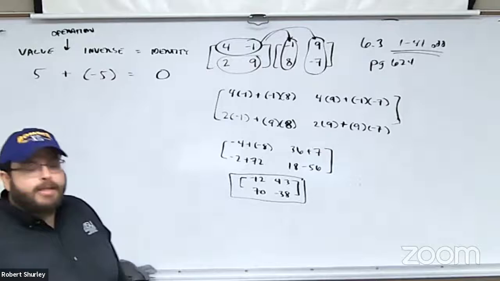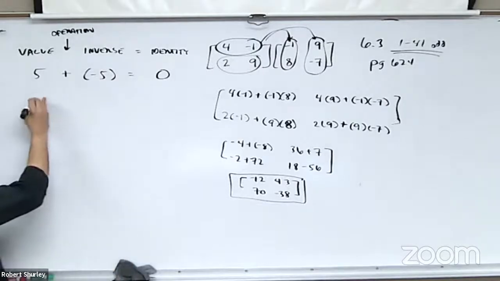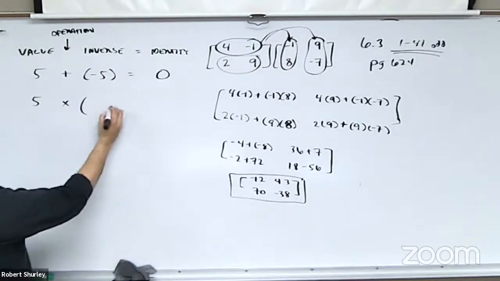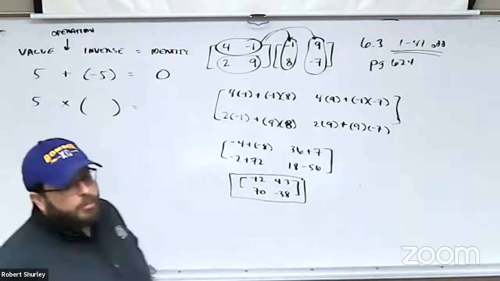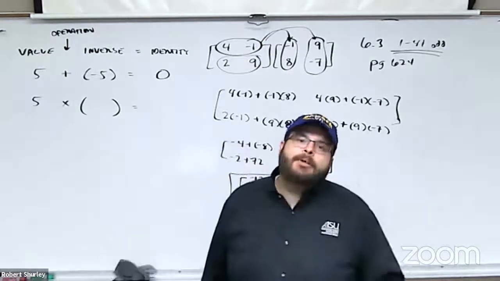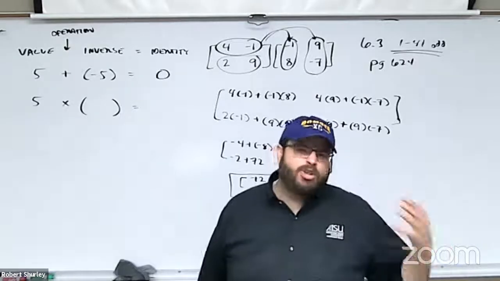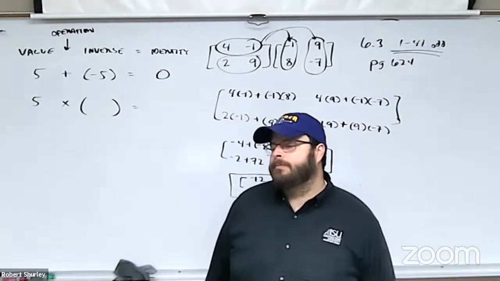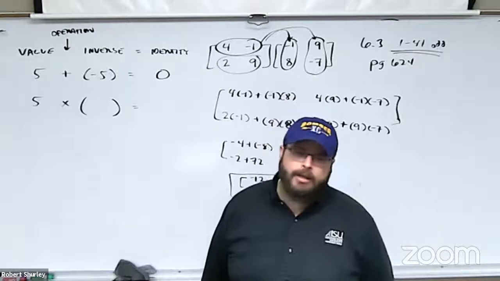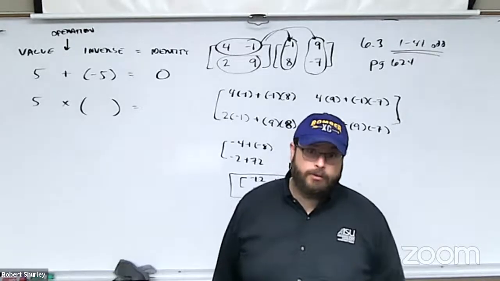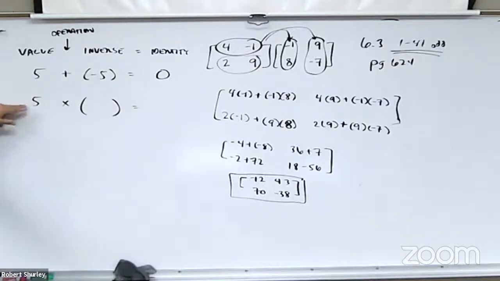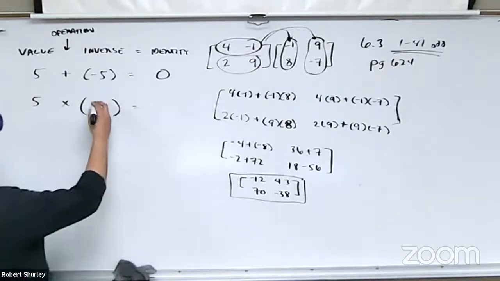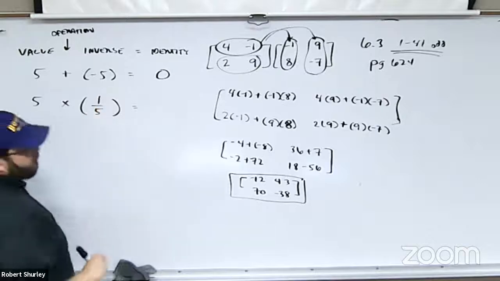If we looked at multiplication, let's say we use the 5 again. So 5 times. If we think of multiplication, and this is typically when the word inverse is used, typically mathematicians mean the multiplicative inverse. And the multiplicative inverse is just flipping the fraction, right? Really, this is 5/1, so it becomes 1/5.